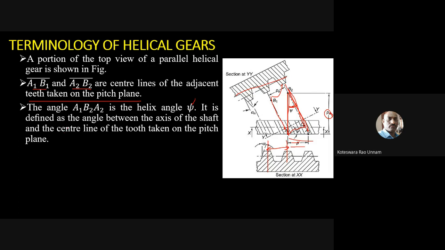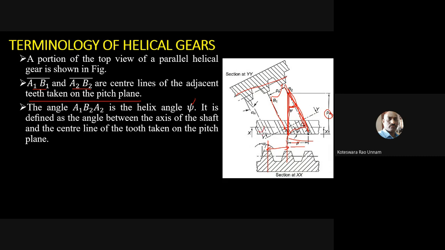It is defined as the angle between the axis of the shaft and the central line of tooth taken on the pitch plane. So on the pitch plane, the helix angle is nothing but the angle between the axis of the shaft and the central line of the tooth. So this is the central line of the tooth, and this is the axis of the shaft.